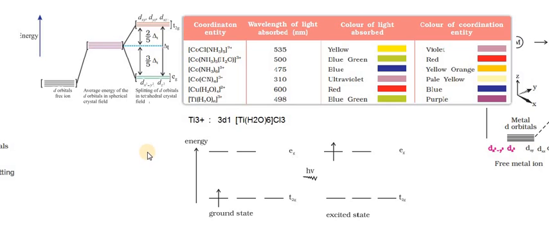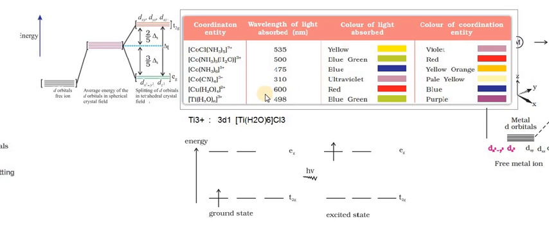So whatever electrons remain in the copper ion get excited to the T2g level, and that energy gap is equivalent to 600 nanometers.